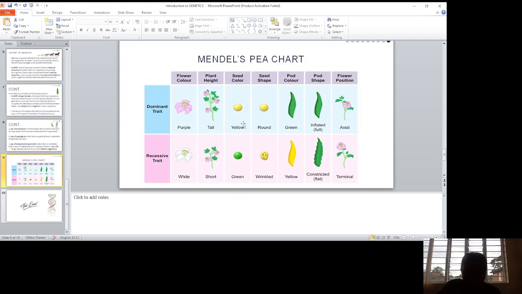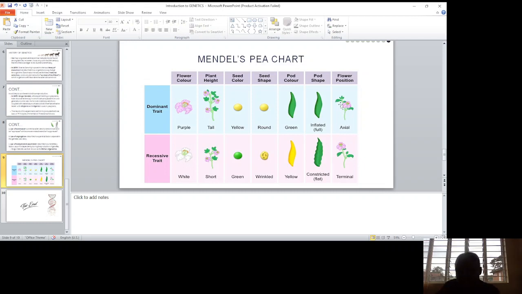Seed color is yellow, and green for the recessive, while the seed shape is round, and wrinkled for the recessive. The pod color is green in the dominant trait and yellow in the recessive trait, while the pod shape is inflated in the dominant trait and flat in the recessive trait.